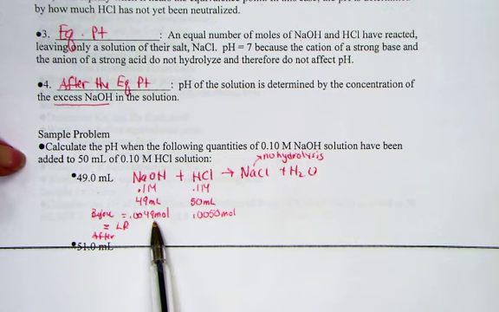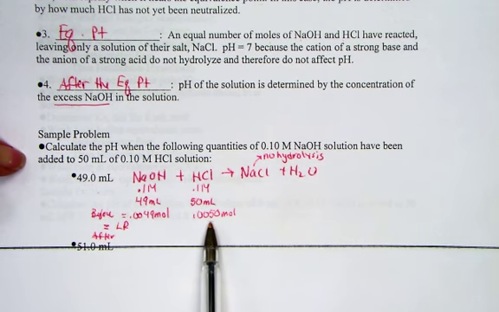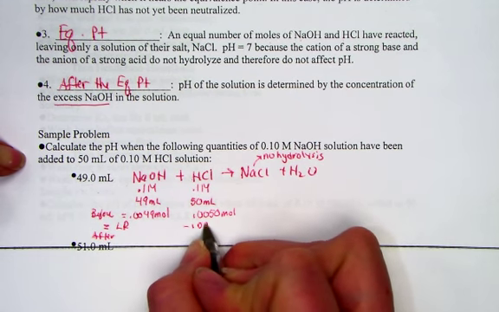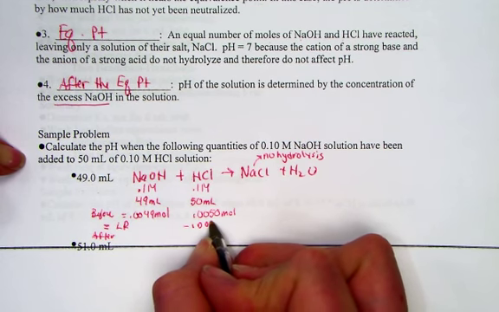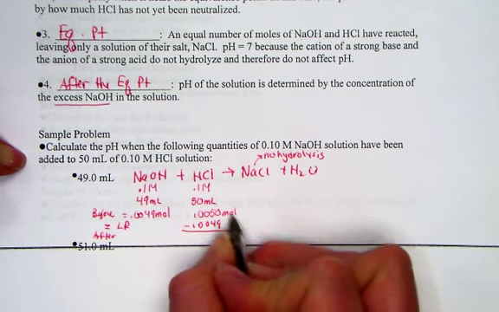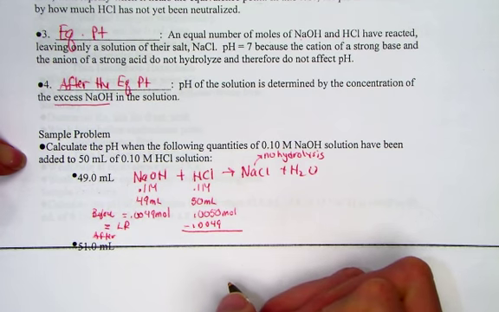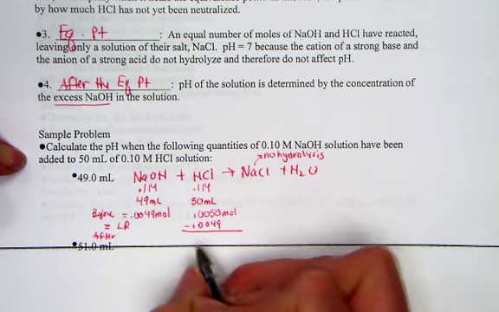If 49 millimoles of base are added to 50 millimoles of acid, the acid is in excess amounts. We can simply subtract to find the number of millimoles in solution. 0.0049 from the 0.0050 gives us the number of excess moles of the acid.